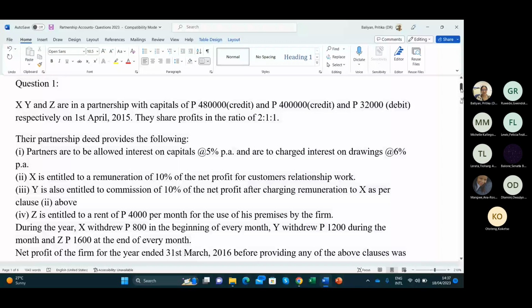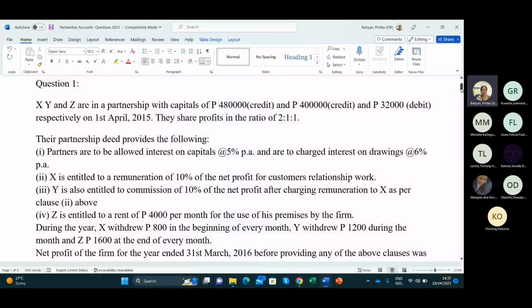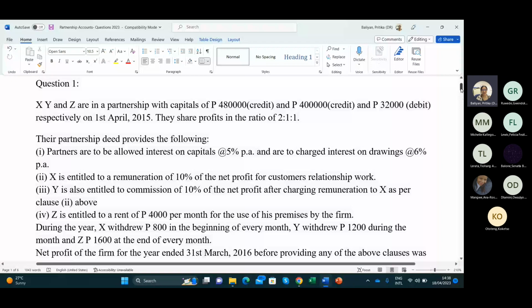But they didn't give any additional information whether the rent has been charged or not yet charged. If it is not yet charged, we deduct first from the net profit. But if it is not clear, we can also assume that this 4,000 per month rent has already been deducted from the net profit. So you need not do it again.